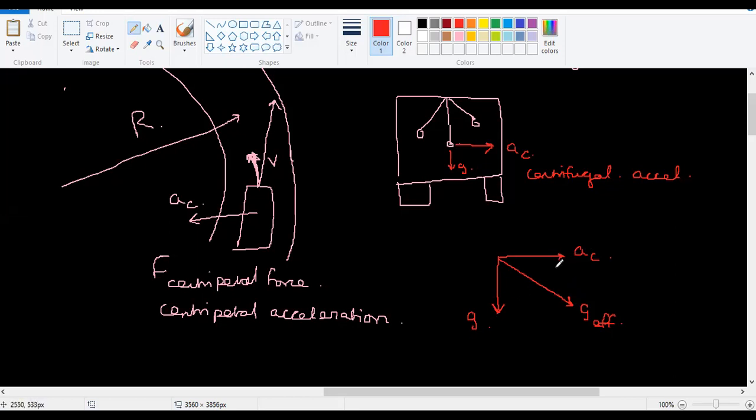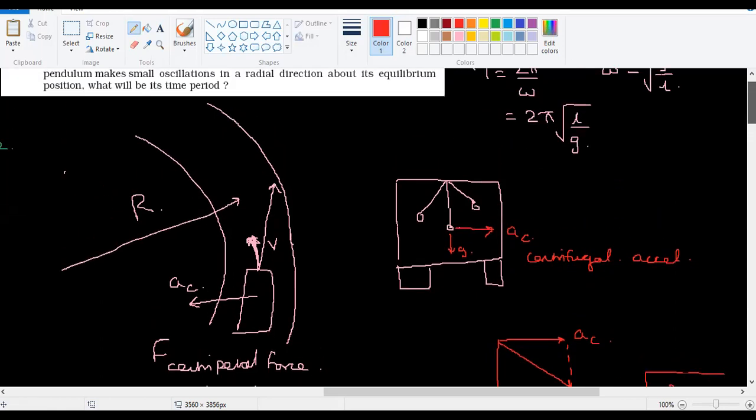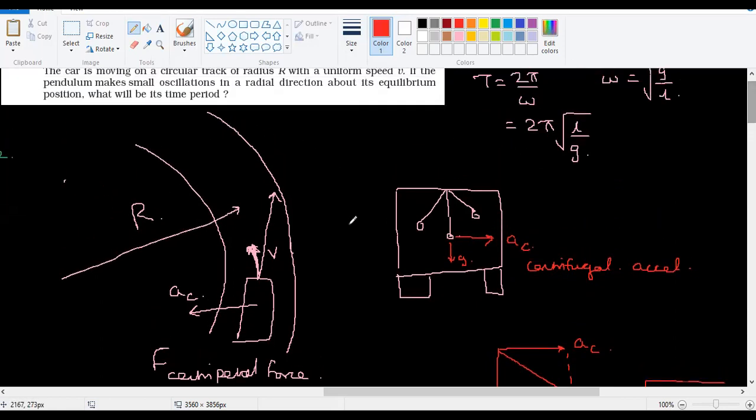The only thing I'm doing is vector addition, because this is a vector, this is a vector. Luckily, since it is 90 degrees, I can say G effective is equal to square root of G squared plus AC squared. So you see, for one single problem, you have to understand the centripetal force concepts from your fourth chapter.